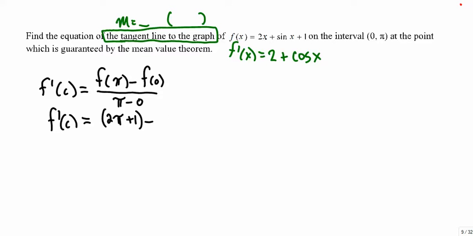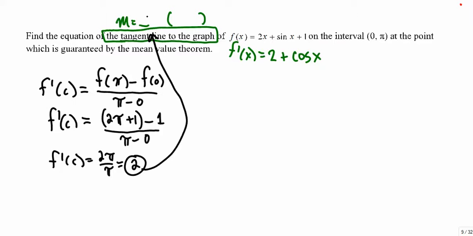Minus f of 0, so we get 0 when I multiply it by 2. Sine of 0 is 0, so we have a 1. Over pi minus 0. And so then the 1's cancel out. We get 2 pi over pi, which is 2. So our slope that we wanted for our tangent line is now 2.